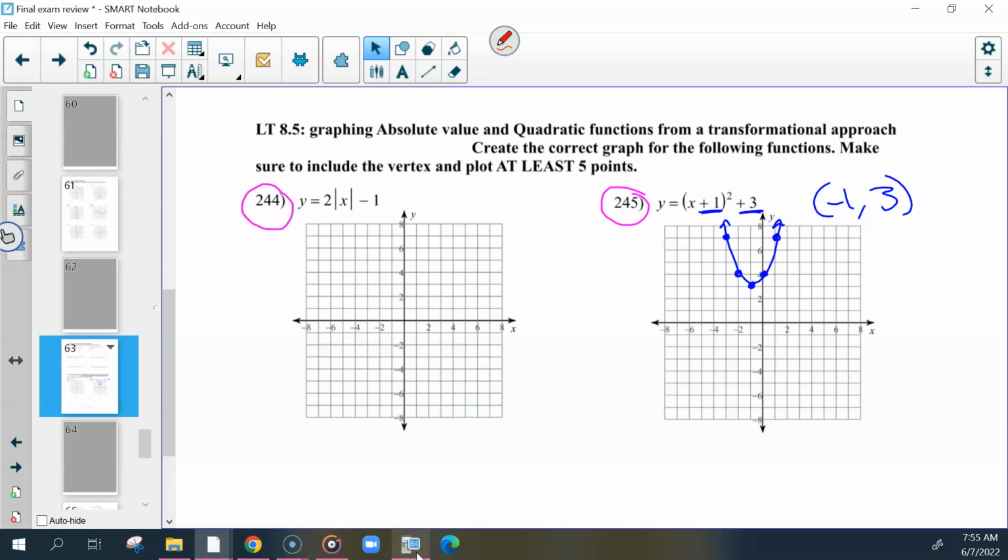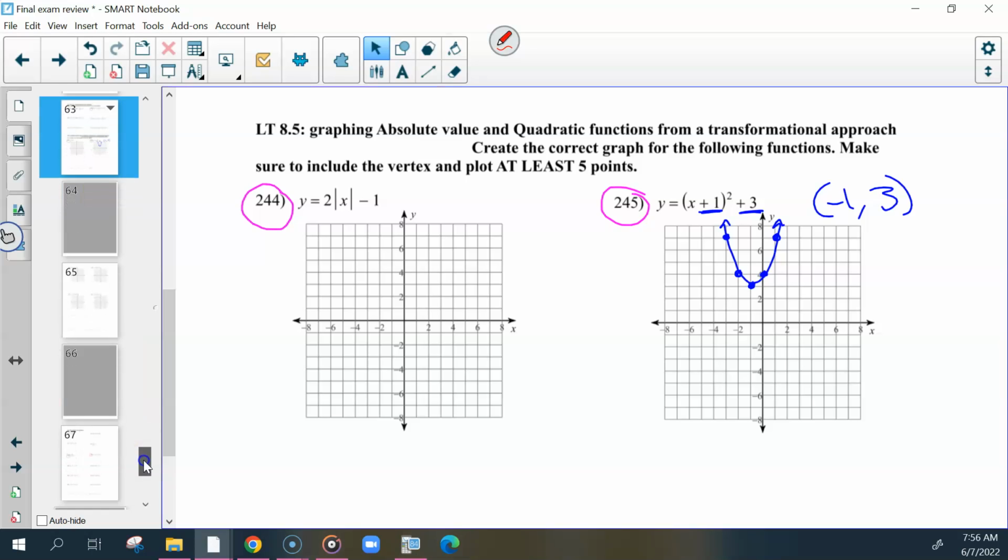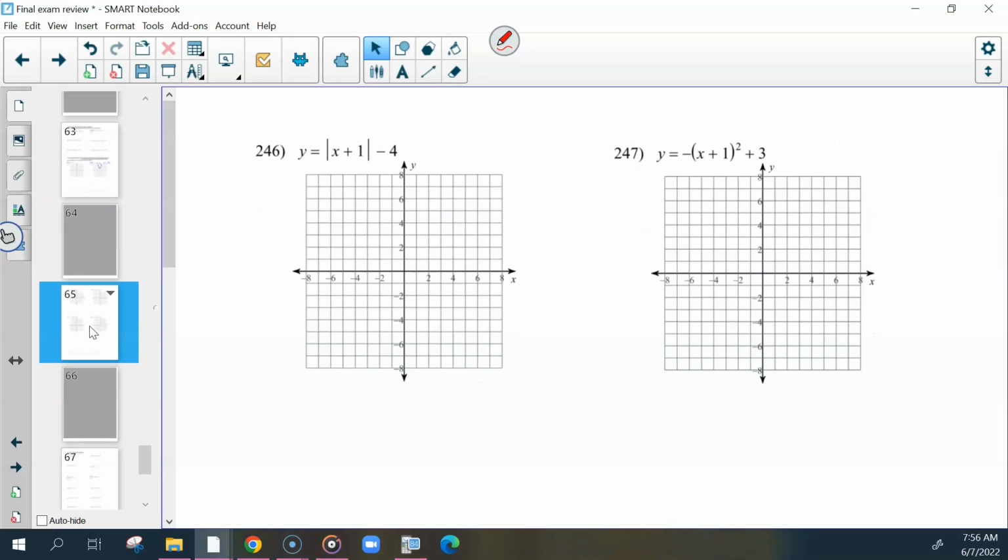On the shelf. Yep, right there. Any on the back page you want to see or go over?